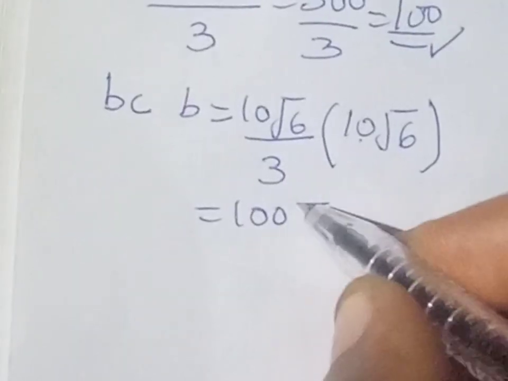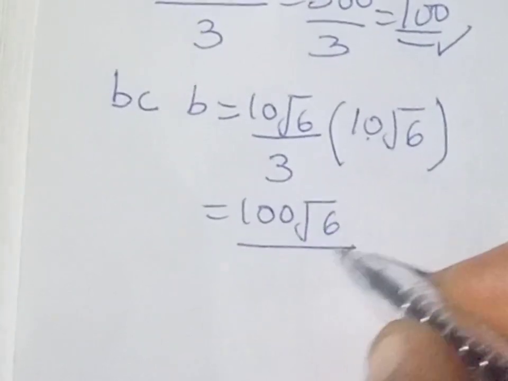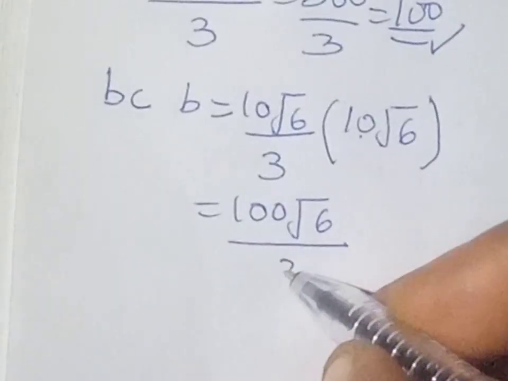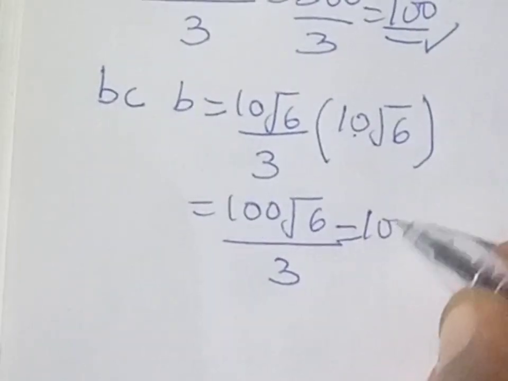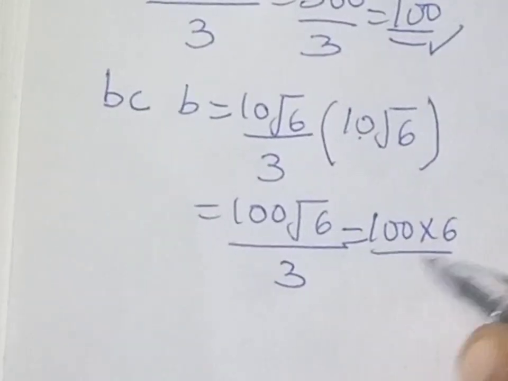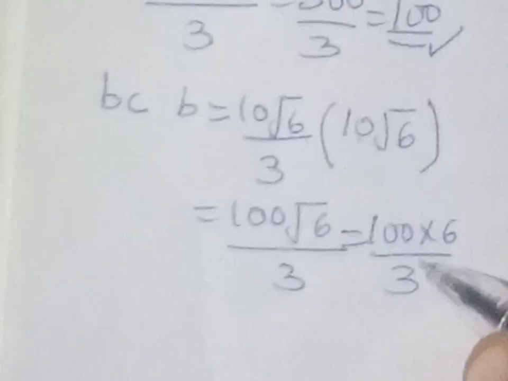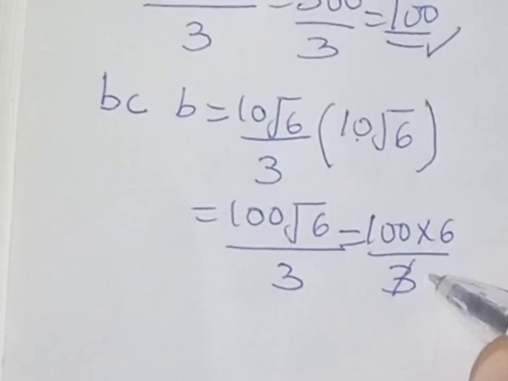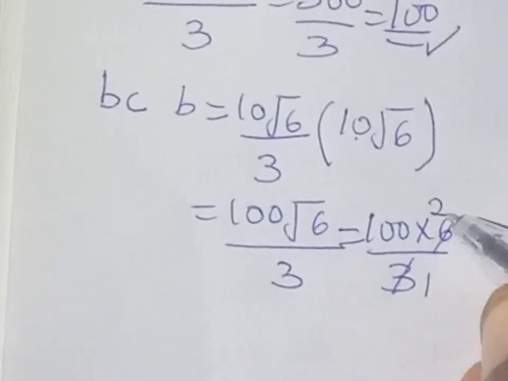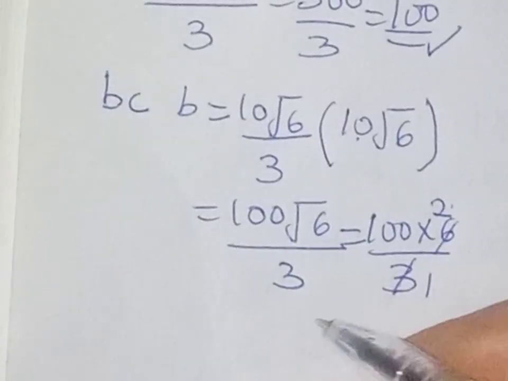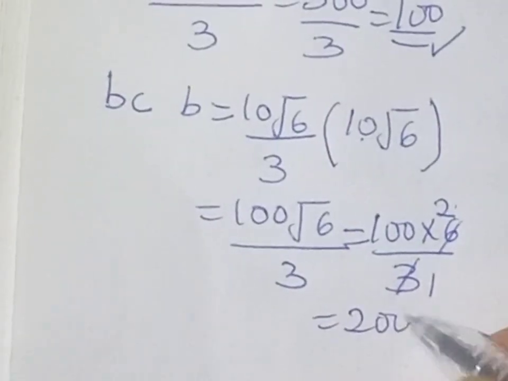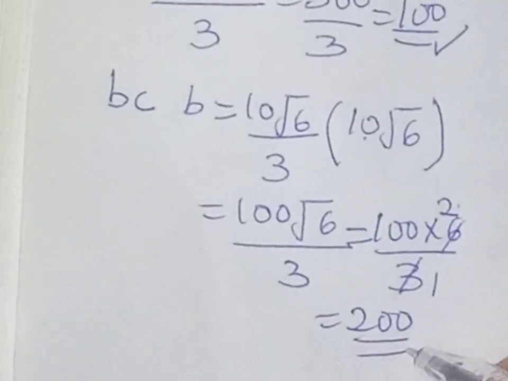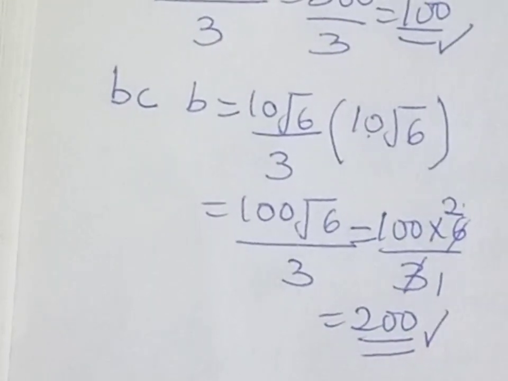So we have 100 root 6 times root 6 divided by 3. So 100 times 6 divided by 3 will give us what? 3 into 3, 1, 3 into 6, 2. 100 times 2 equals 200. So our BC is correct.